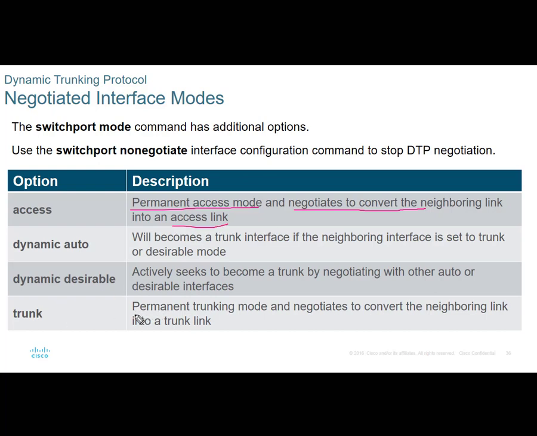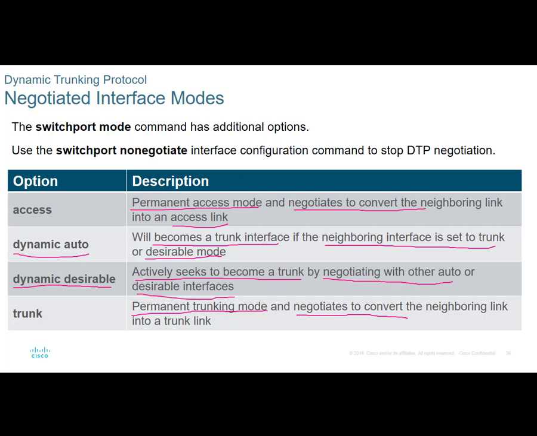If it's set to trunk, it's permanent trunking mode and it will negotiate to convert the other end to trunk. If it's set to dynamic auto, it will become a trunk interface if the neighboring interface is also set to trunk or desirable mode. However, if you set it to desirable mode, it will actively seek to become a trunk by negotiating with either auto or desirable interfaces.